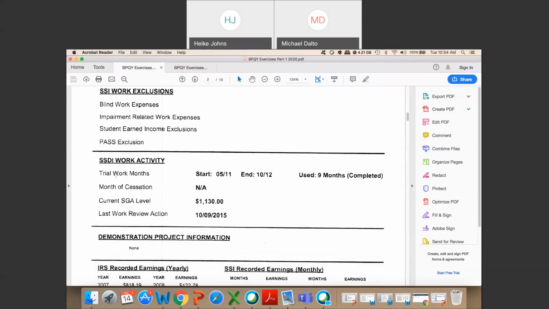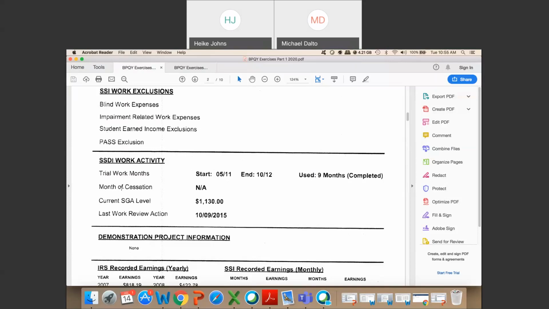This is where you find some useful information about work incentive status, starting with trial work months. We've got a start date and an end date. Starting May of 2011, ending October 2012, this person used all 9 months of their trial work period. And the last month was October 2012.